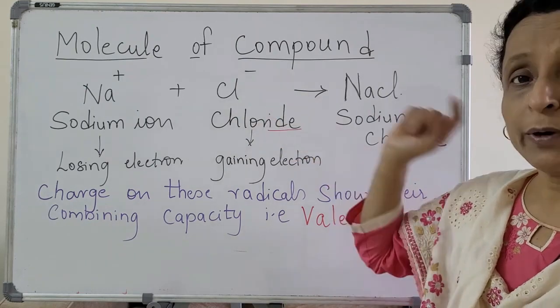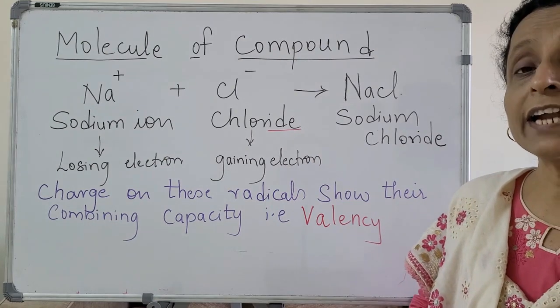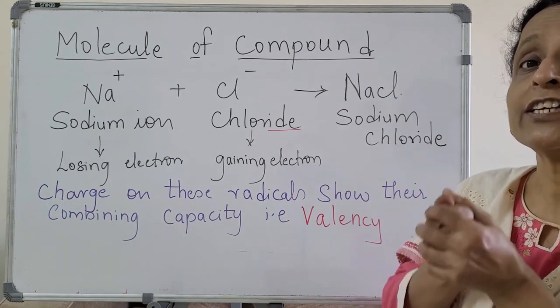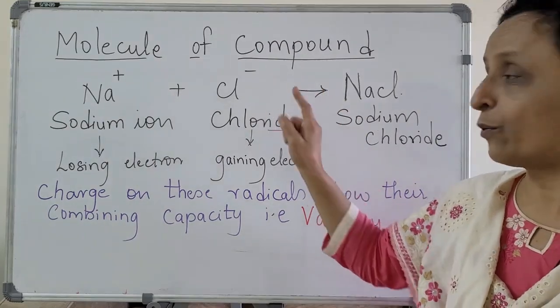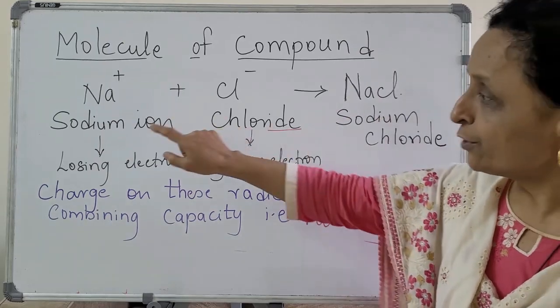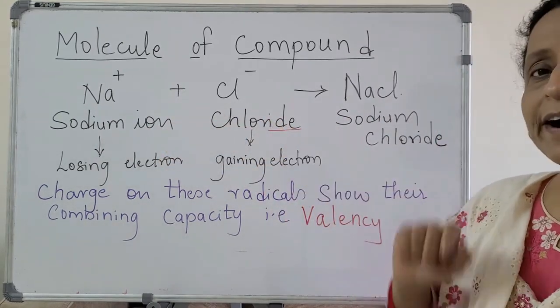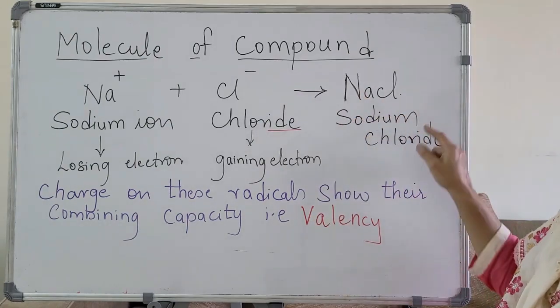Now chlorine has gained one electron and developed a negative charge. This chlorine ion is known as chloride. So it is the sodium ion and chloride ion which will combine to form sodium chloride.